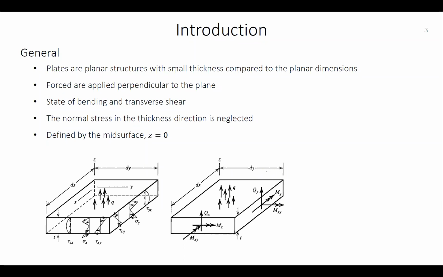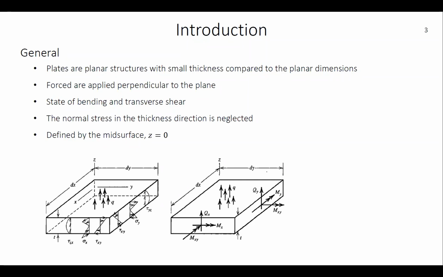And we define the plates by their mid-surface, where we say that the z coordinate is 0. So along this plane, the xy plane. So we only define the thickness, but not as a volume. There are different notations in different literature, obviously, for how to define plate elements.